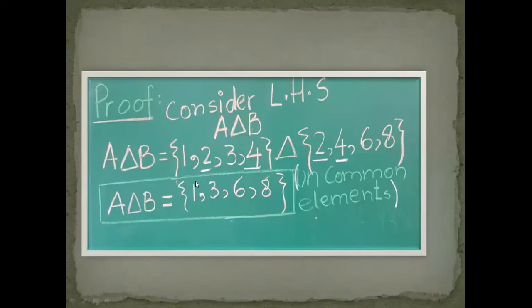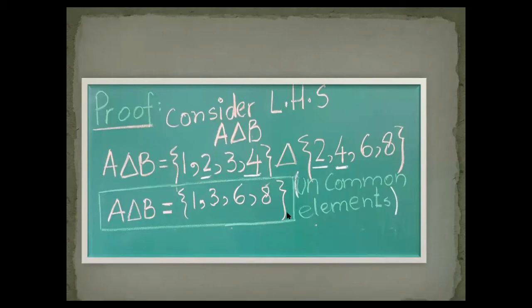Now write the uncommon elements of both the sets, not the common elements. As I have written in the bracket here, write the uncommon elements. 2 and 4 are common, so write all the elements except 2 and 4. So here 1, 3, 6, 8 are the uncommon elements of both the sets.